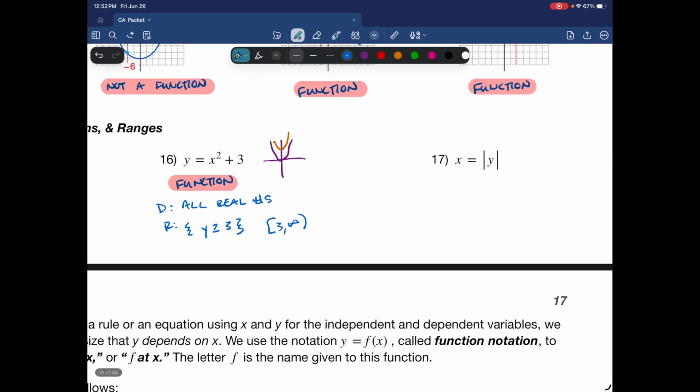Now, this is an absolute value graph, but because it's x equals the absolute value of y, it looks like this. Okay, so the absolute value is on its side. Okay, and because it's on its side, the vertical line test fails, and so this is not a function.